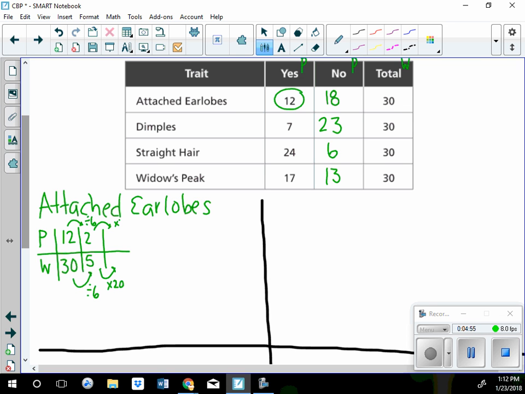So that means we have 40 over 100. So out of 100 people, 40 of them would have attached earlobes. We're going to write that as a percent in just a little bit. The other thing I want you to do today is to pretend we have a room of 500 people. Using our same ratio and our percent of 40%, I want to know how many people would have attached earlobes.